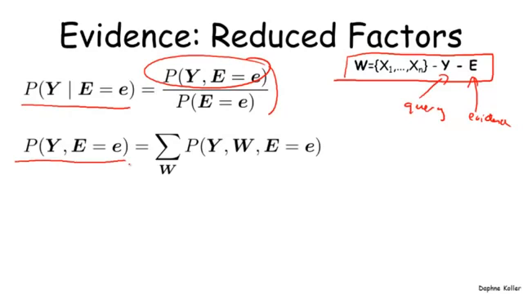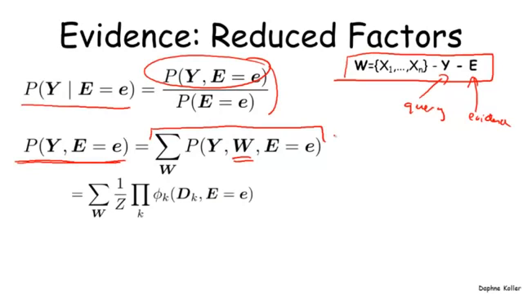So P of Y and E, we're going to introduce the variables W into this expression. So this probability over here is the sum of this probability marginalizing out the W. Now, if we rewrite this expression over here, we can view it as a product of factors, and that's the case whether it's a Bayesian network or a Markov network.